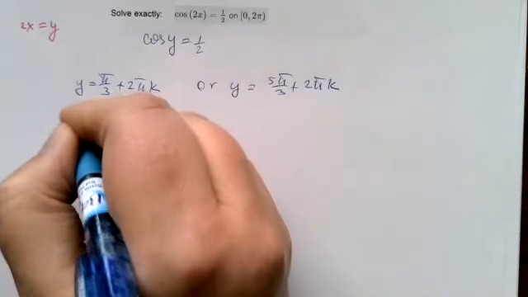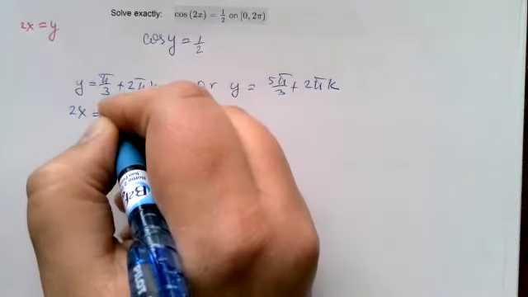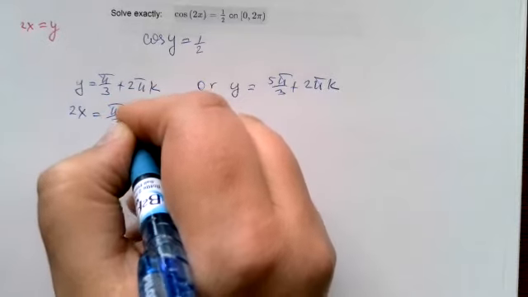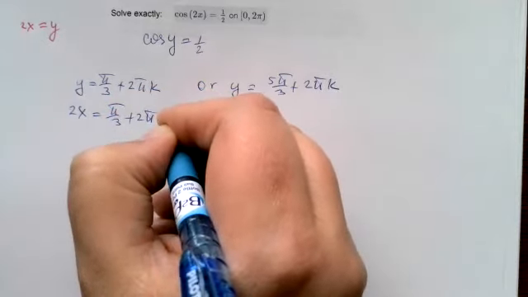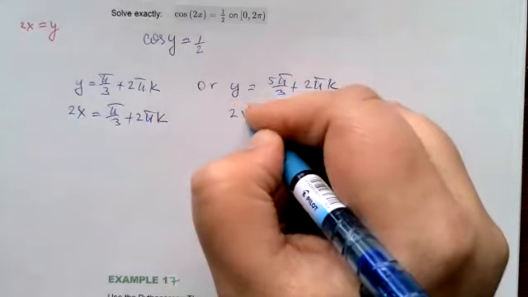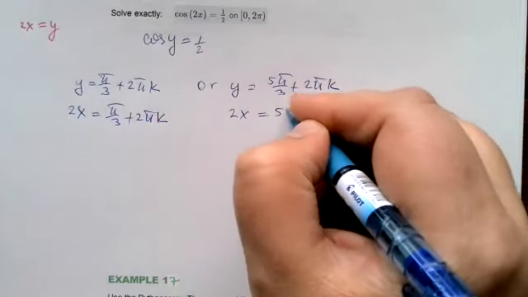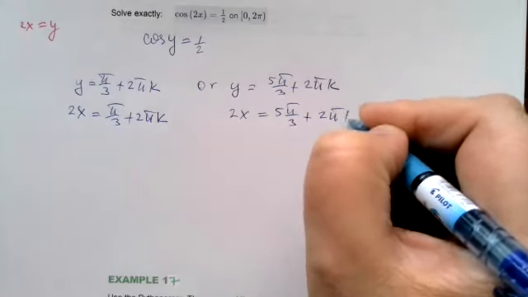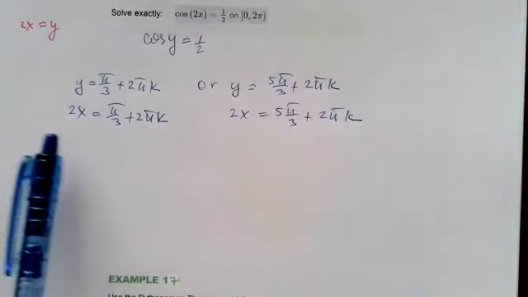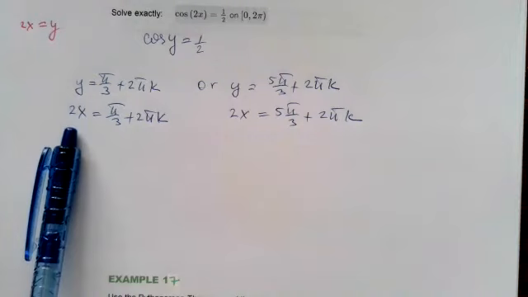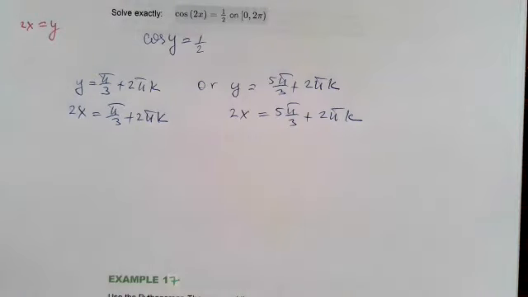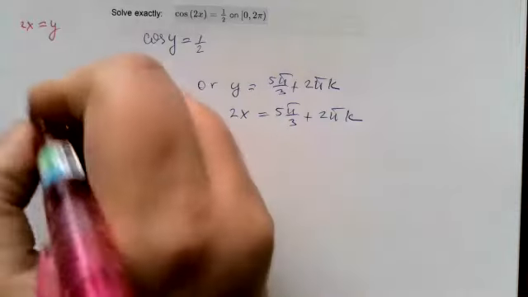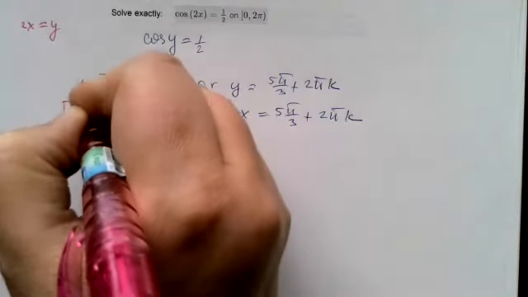We're going to have 2x equals pi over 3 plus 2 pi k. And here 2x equals 5 pi over 3 plus 2 pi k. And now, in order to solve for x, we have to divide both sides by 2 or multiply by 1/2.